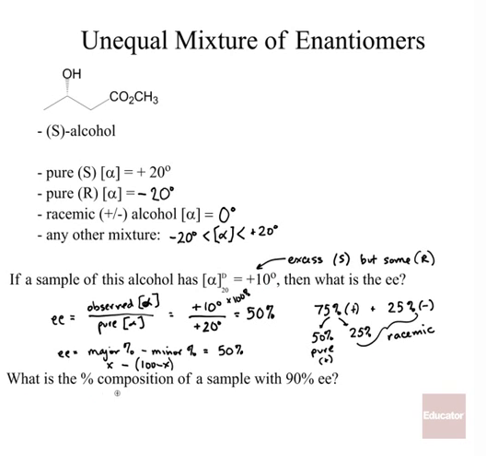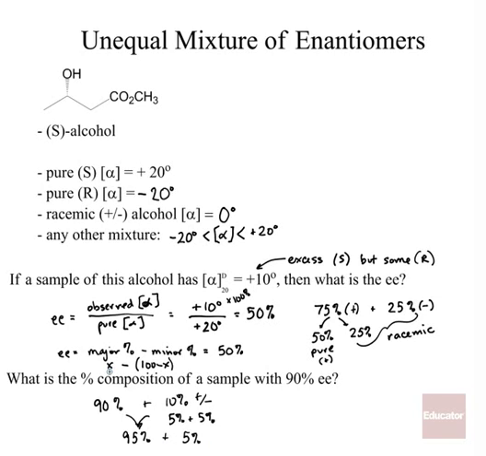Okay, one more example. What is the percent composition of a sample with 90% EE? Now again, that means we have 90% of one enantiomer plus 10% of the racemic. So we have 5% and 5%. So that means we have 95% of one enantiomer plus 5% of the other enantiomer. This is just one way to think about it.